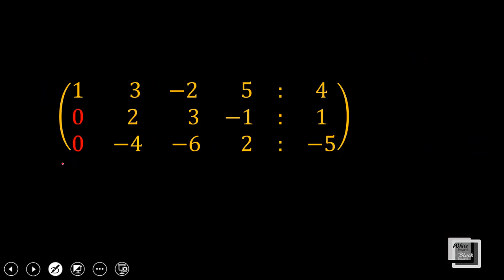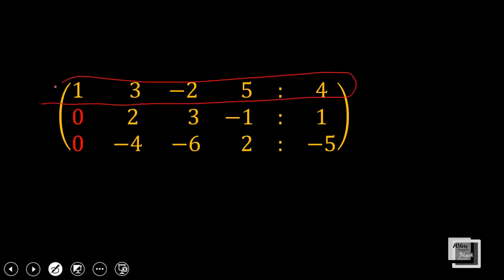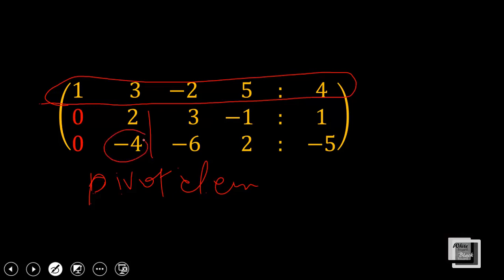Now forget this first row, and by again applying the Gauss elimination method, step 1, we see that the first non-zero column of unknowns is this one, 2 and minus 4. So we will consider 2 as the pivot element. In this subsystem, we will reduce all the elements below the pivot element to 0.